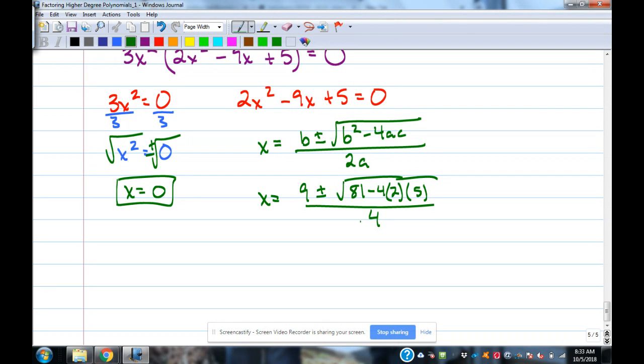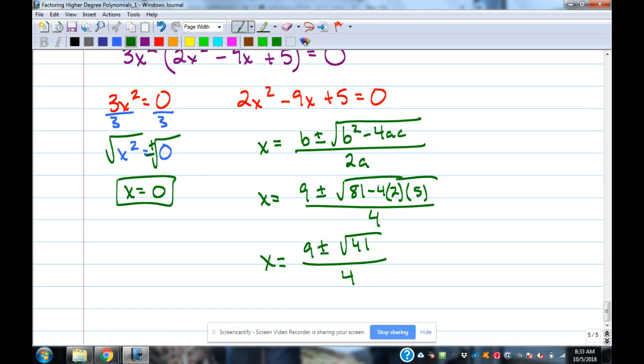Okay, that one's obviously not 0 because 81 minus 40 would be 41. Can we break down 41? No, 41's prime.